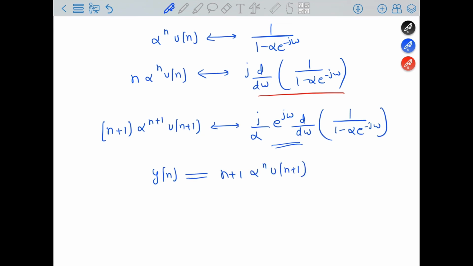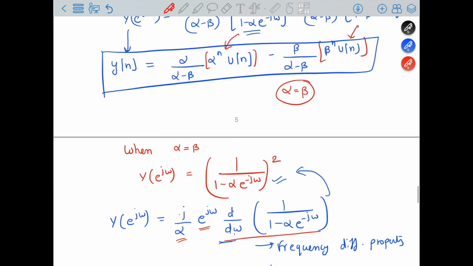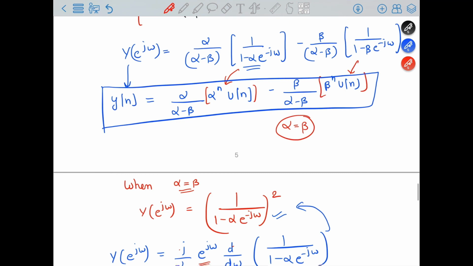Here the n plus 1 is compensated with this division by alpha. Also this can be written as y[n] equal to (n plus 1) alpha^n u[n], because if we put n equal to minus 1, this factor will make it 0. So effectively the signal starts from 0, and we can replace u[n plus 1] with u[n]. These are equivalent expressions. So this is the final expression of the output. This is the case when alpha is equal to beta; otherwise the earlier expression holds good.